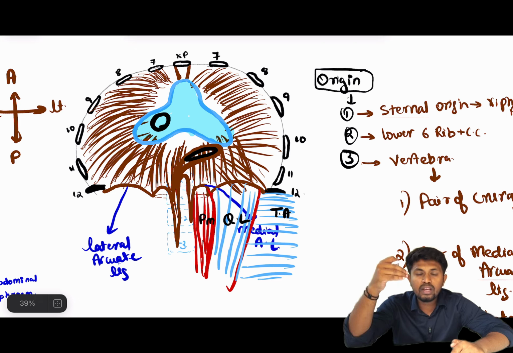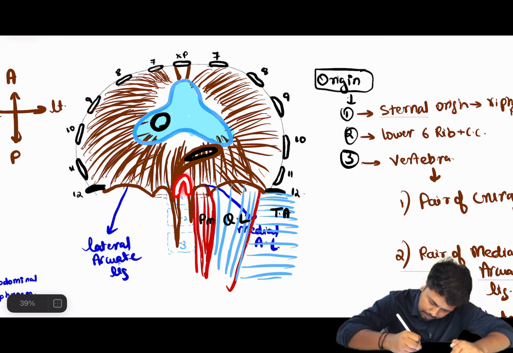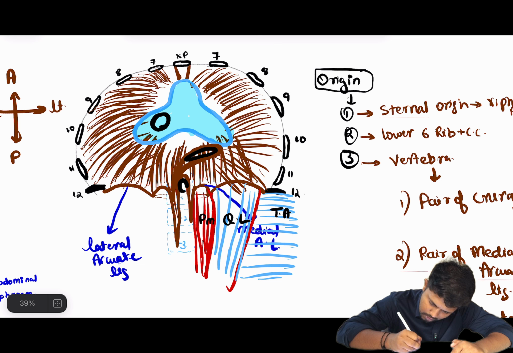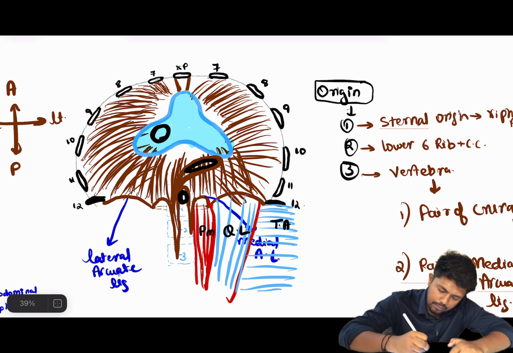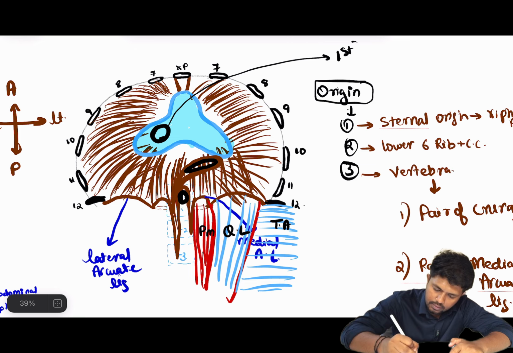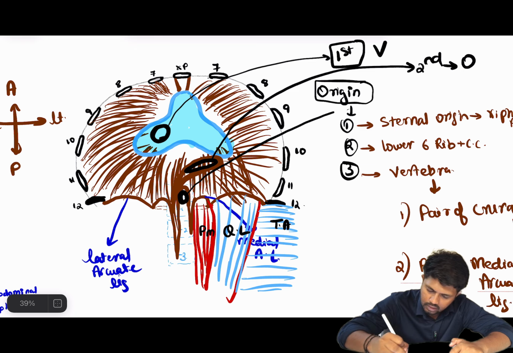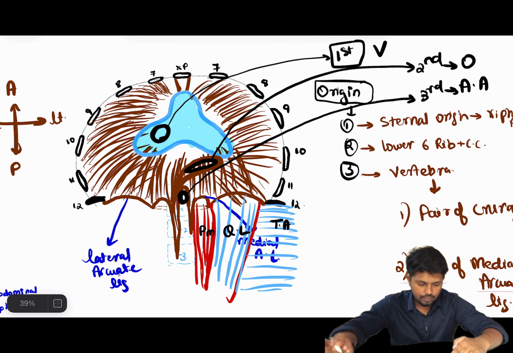There will be the opening for the abdominal aorta, near this part. So this is the third opening. Okay, so the three major openings: the first is the vena cava opening, the second is the esophageal opening, and the third, present behind the diaphragm, is the abdominal aortal opening.